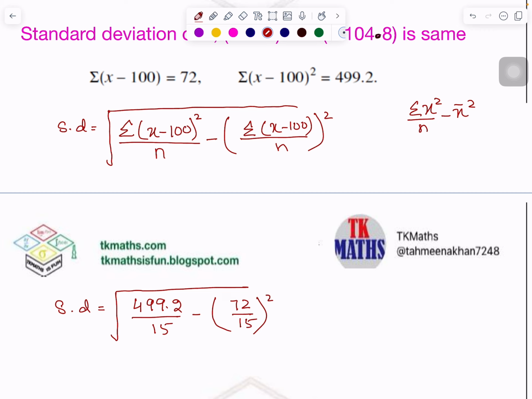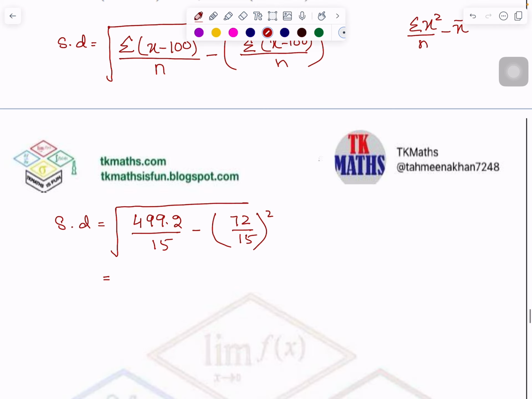So you can use a calculator and it will give you the answer. Let me use it too. 10.24, sorry. Okay, or I can say standard deviation square is equal to 10.24. In both ways, doesn't matter.